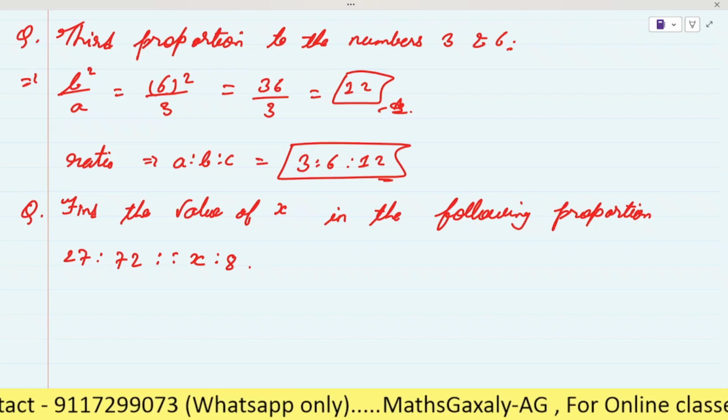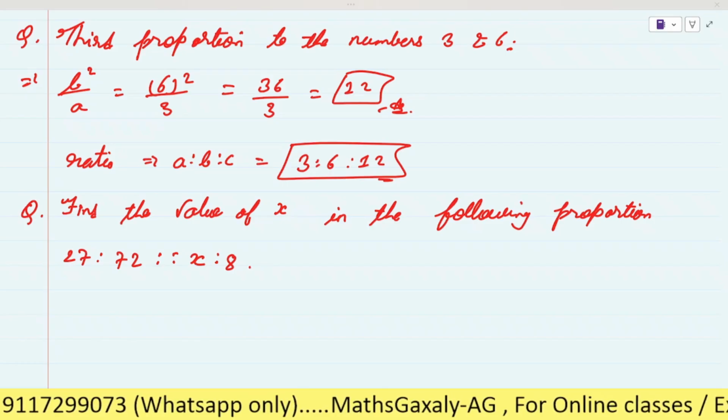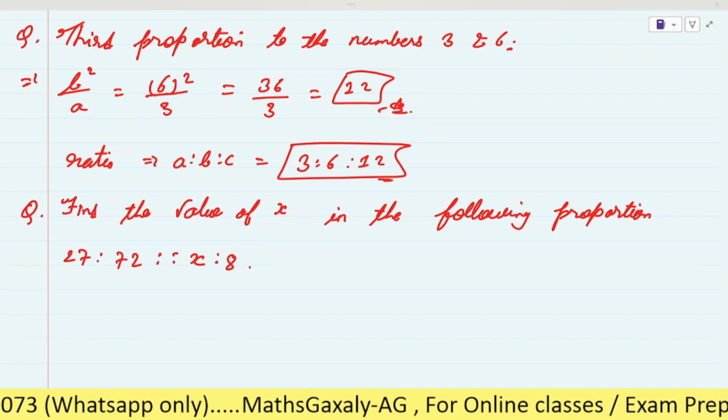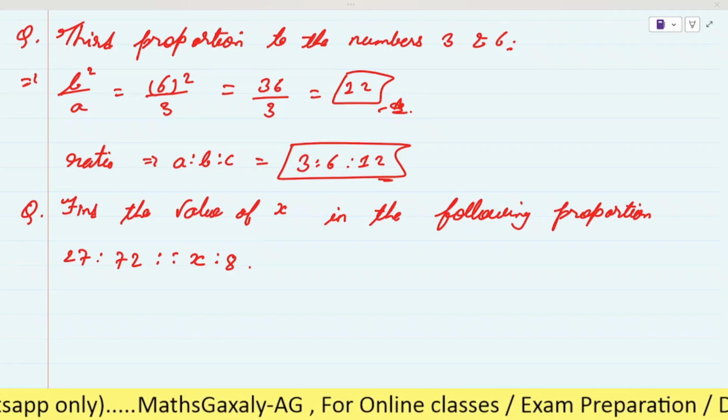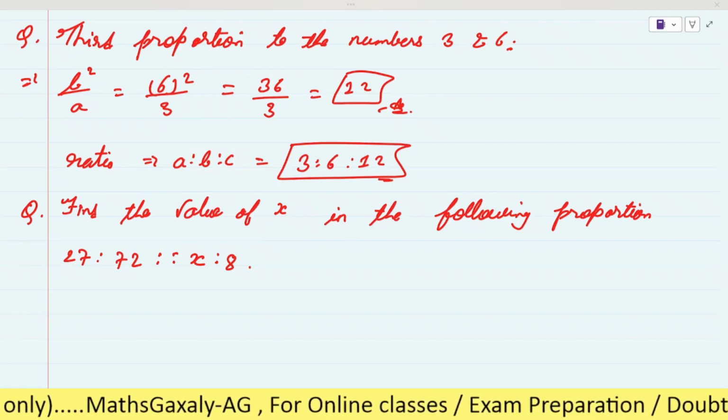Just try this one. So equation will be 27x is equal to 72 into 8, right? 27x.